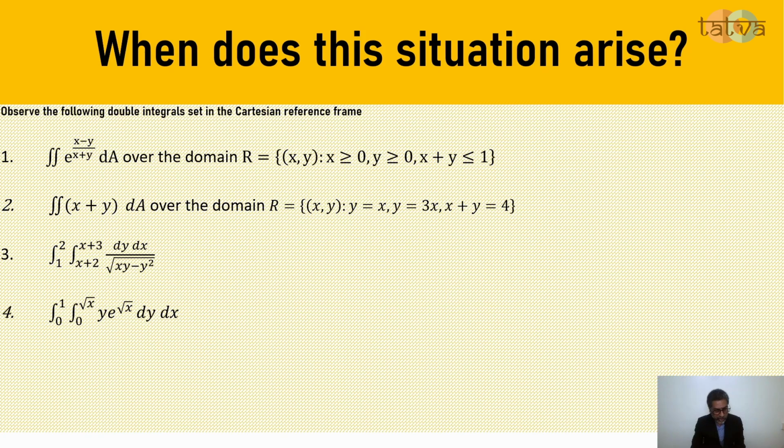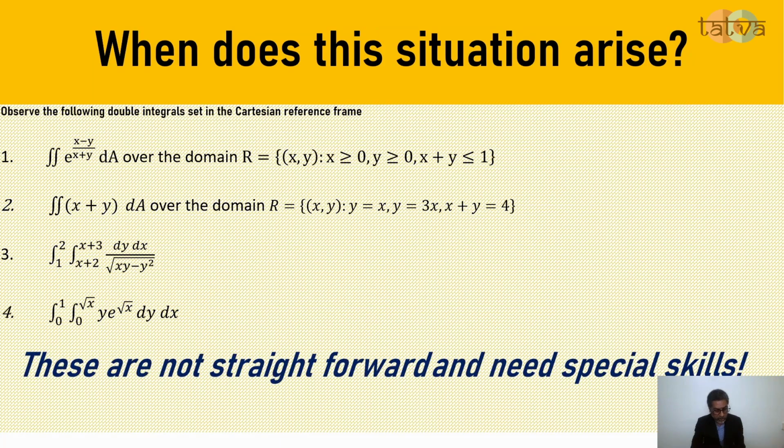Okay, the first integration may be simple, but after the limits are substituted, it may lead you to a very complicated final integration. Maybe this is another reason why we can think of a change of variable. So as I'm trying to explain, these are not straightforward problems. They need very special skills.